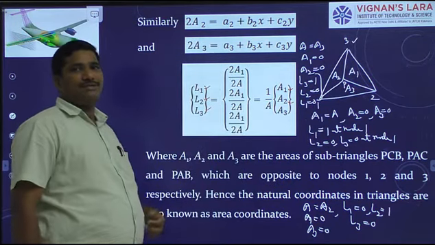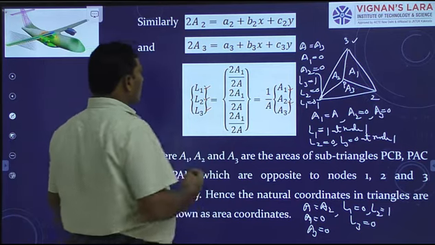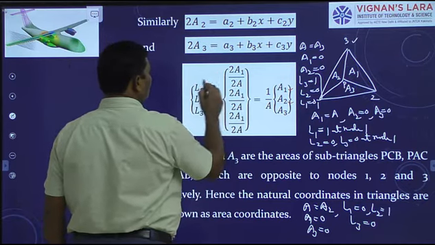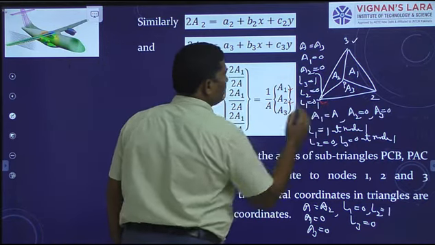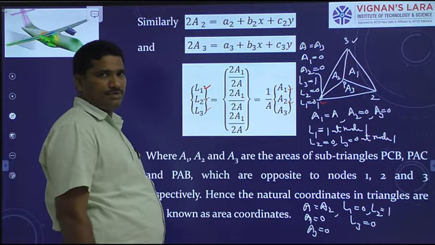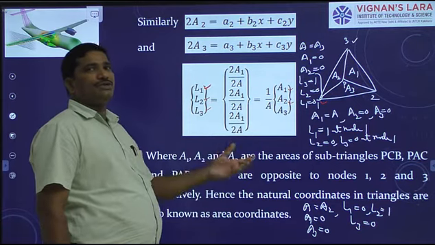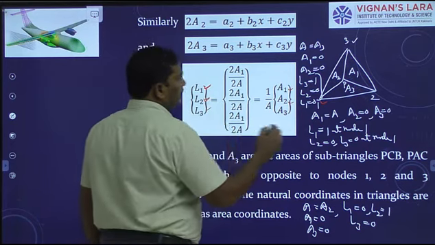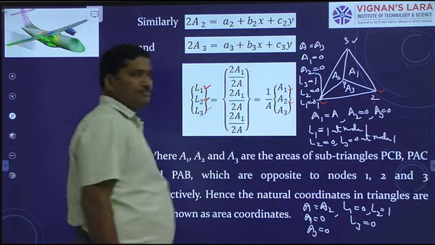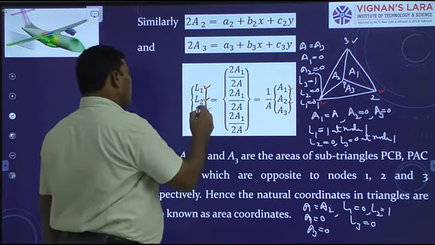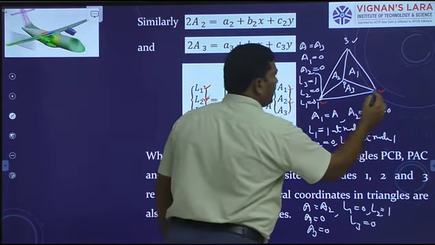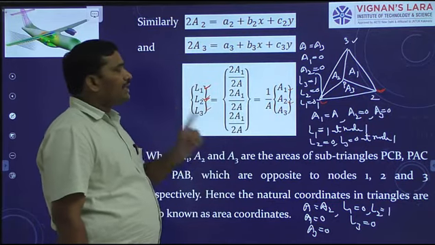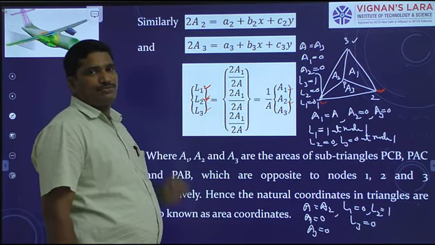What we understand ultimately, the natural coordinate L1 is unity at node 1. L2 and L3 are zeros at the same node. Next, natural coordinate L2 is unity at node 2, and L1 and L3 are each 0 at node 2.